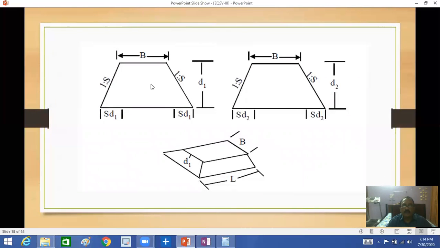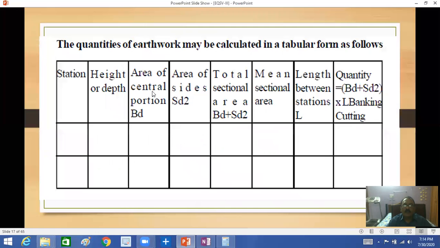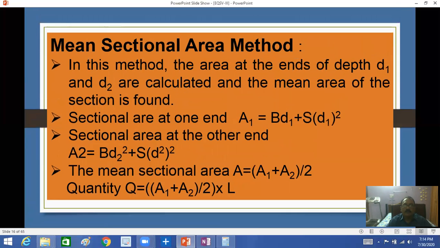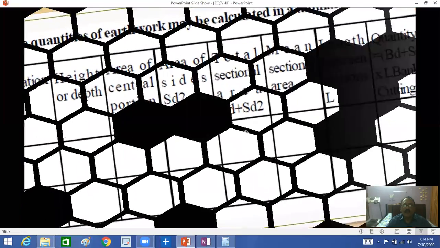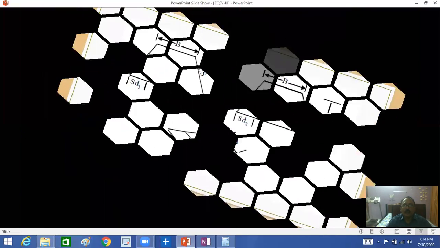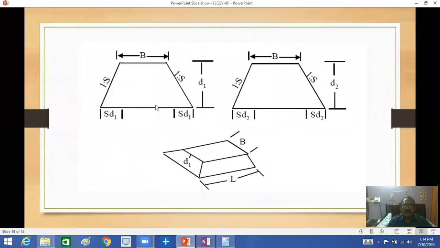This is, say for example, mean section and mid section. See, mean sectional area means mean area, average area of two. That is the first area of your trapezium section and the other area. Mid section means this D1, this D2, average of D1 and D2.